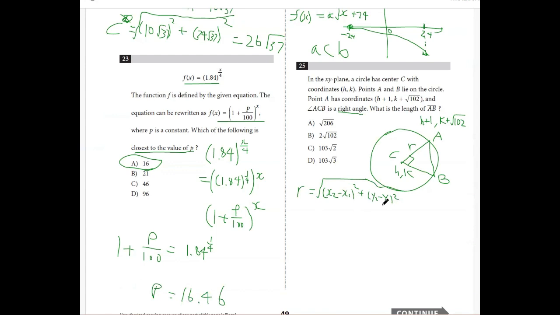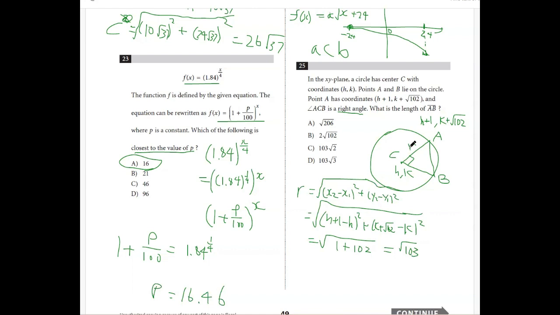So h plus 1 minus h, this is obviously going to be 1. And k plus square root 102 minus k, squared, this is going to be 102. So R is square root of 103.